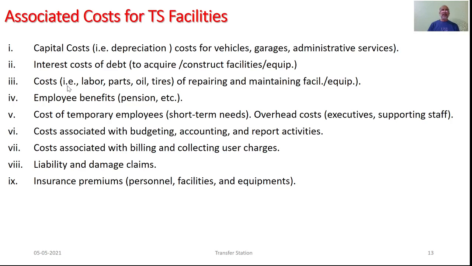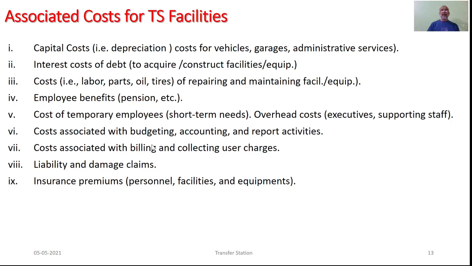There could be costs that are associated with the labor, various spares, oils, tires of vehicles, and such things. Employee benefits, salaries of temporary employees, certain overhead costs for executives, support staff.